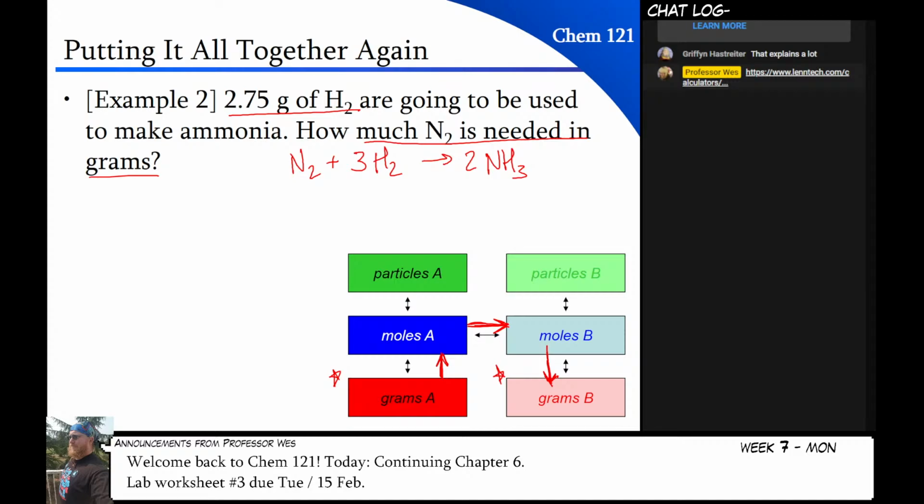And so we'll write that out. We're going to do grams of what we're starting with, so that's hydrogen. Turn that into moles. Turn it into moles of the other thing. And grams of the other thing. You'll notice that this is going to be a pattern that we follow a lot. And if you need a reference to memorize this, another instructor that teaches 121 came up with Gamolmiga.